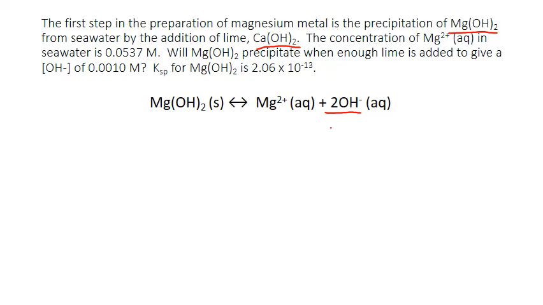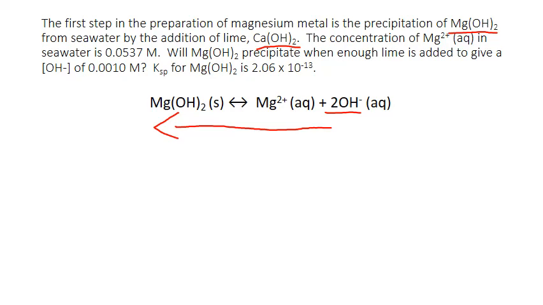And that means that increasing a product, the equilibrium shifts to consume that product. And that means that it will shift to the left so that the magnesium ion reacts with the hydroxide and precipitates out as our solid magnesium hydroxide.